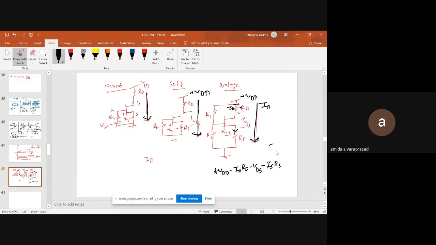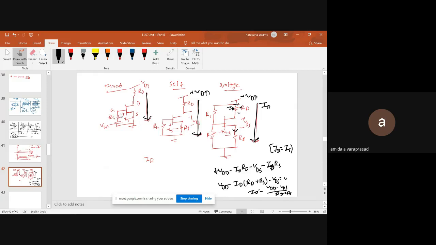Now we know ID equal to IS, so I can write ID. Taking ID common: VDD minus ID into RD plus RS minus VDS equal to 0. From this, ID is equal to VDD minus VDS by RD plus RS. Like this, you can find it for all three.